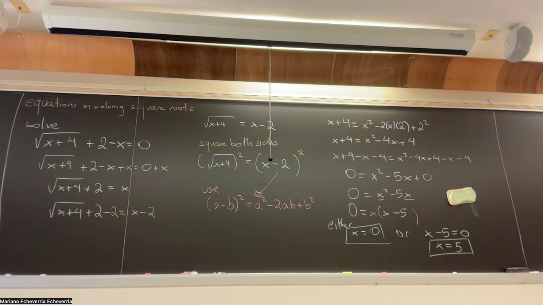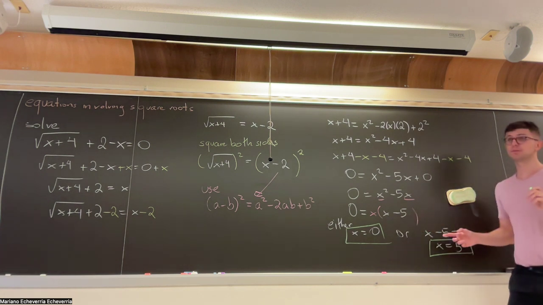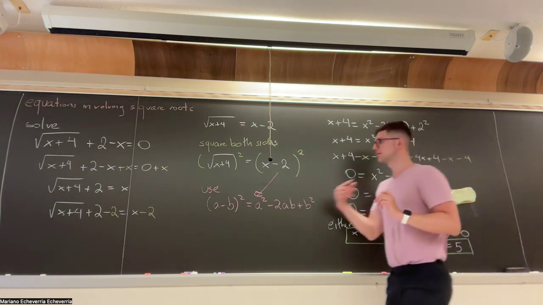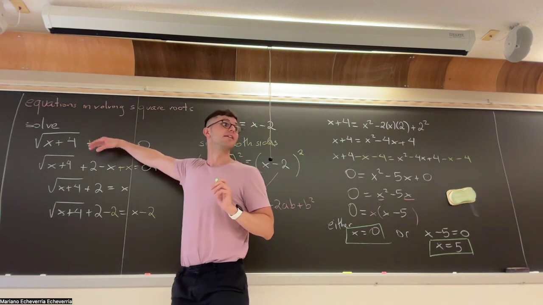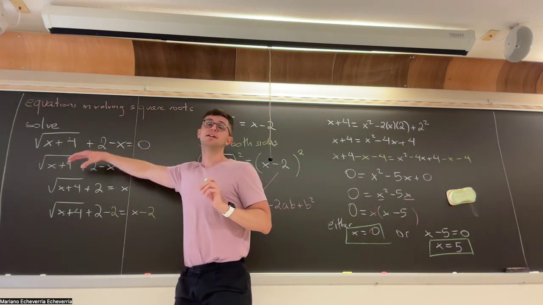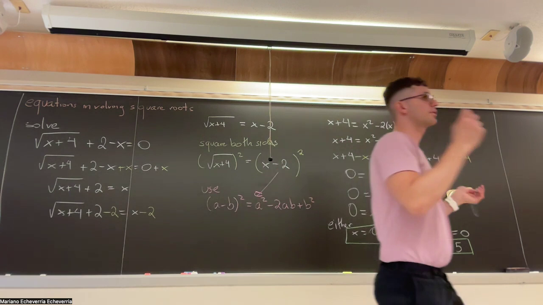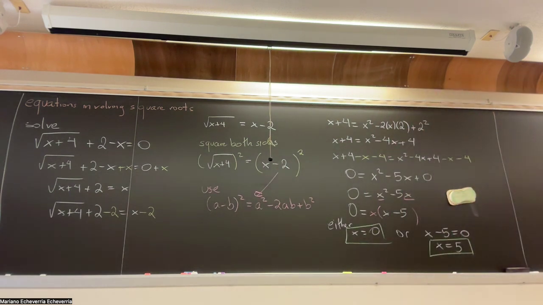That makes sense. And now, this is what I wanted to emphasize last time, but I didn't have a good example. Now, what you'll see is that one of these two does not solve the very first equation I wrote on the board. So that will illustrate the point that you must double check the solution after you're done.